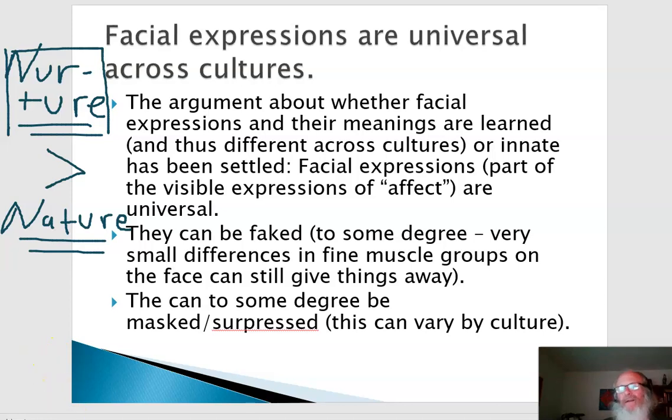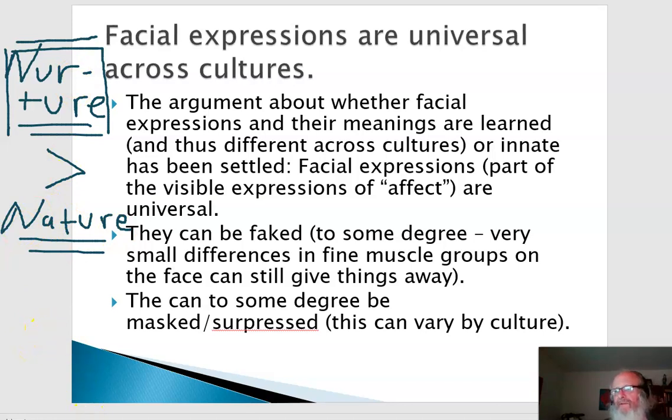And so a lot of the investigations that various behavioral scientists engaged in, especially through the last 50 years of the 20th century, were investigating this idea. Is nurture more important than nature?